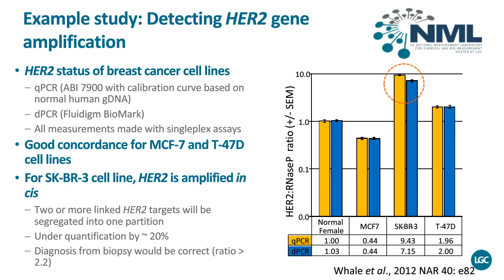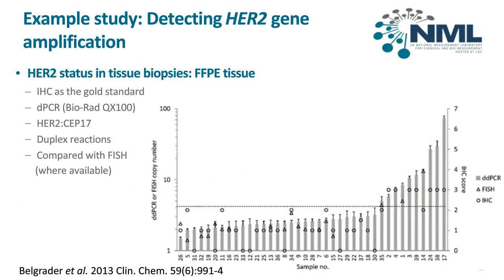Now, the diagnosis from this, if it was a biopsy, would be correct. We're clearly over that HER2 ratio of 2.2. So why does it matter in this case that digital PCR has under-quantified compared to real-time? Well, this was expanded in about 2013, where they looked at the HER2 status of tissue biopsies in FFPE tissue. So FFPE tissue is pretty damaged.